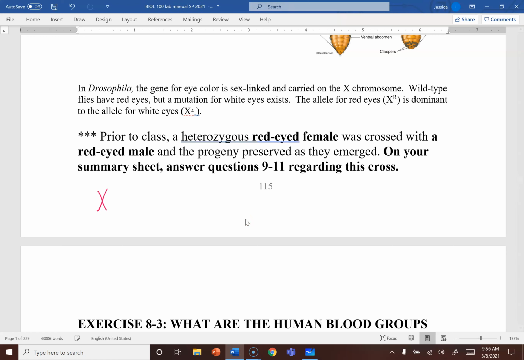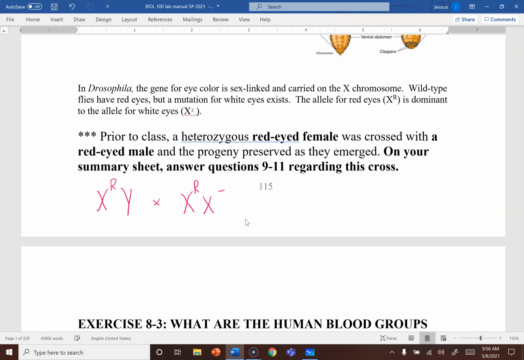Remember that males have only one allele on their X chromosome, and if the male is red-eyed, which is dominant, they're going to start out X big R Y, and we're going to be crossing with a red-eyed female. So we know that she has at least one red-eyed allele.